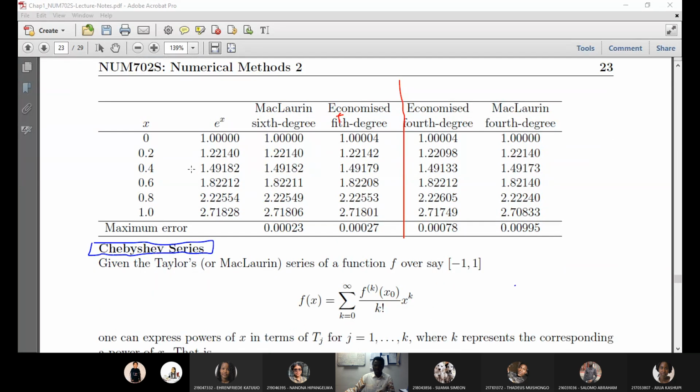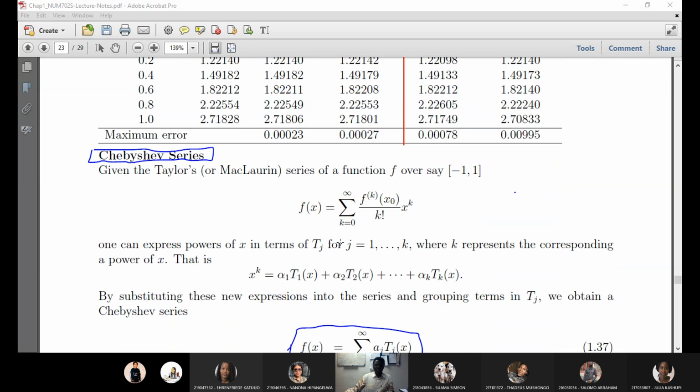You can see through this result that the economized power series gives us a very good approximation. With fewer terms, you can still have a good approximation compared to the Maclaurin, because Maclaurin will still have more terms.